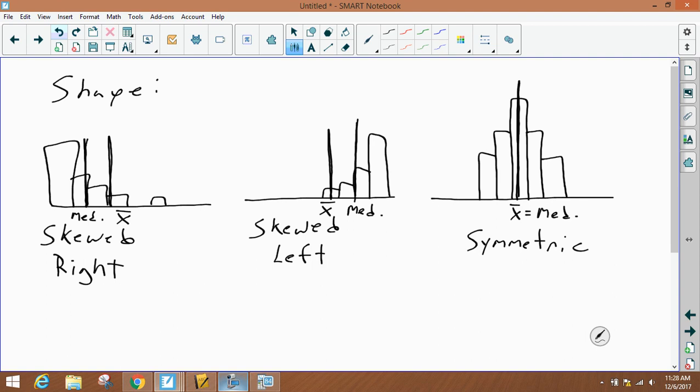Normally you'll say that a data distribution is approximately symmetric. If it's exactly symmetric, though, our mean is going to be equal to our median. So that is a measure of our shape. All right?